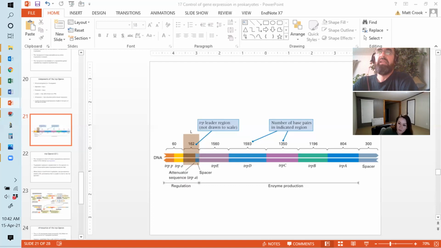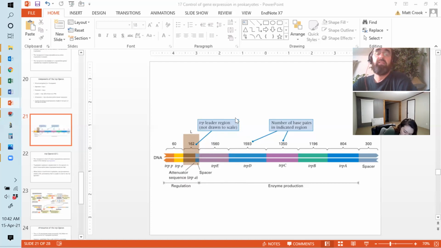So this is how those intermediate levels of tryptophan are sensed. Essentially, what the control of the bacterium is doing to control the trp operon, the kind of fine tuning, is: is there enough charged tryptophan tRNA, or tRNA trp, around?